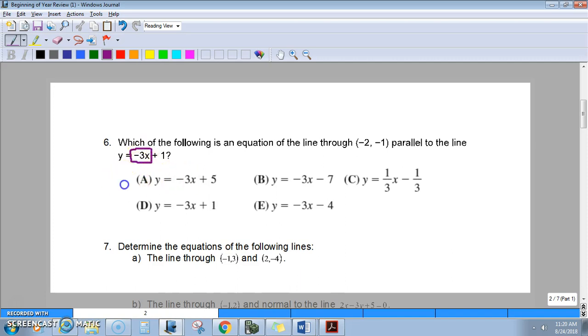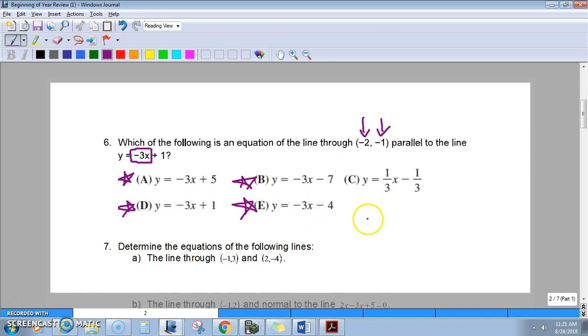So it could be this one, it could be this one, it could be this one, this one. So how do we narrow it down? Oh, because it needs to go through the point -2, -1, right? It needs to go through the point -2, -1.